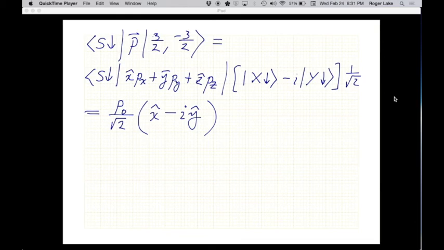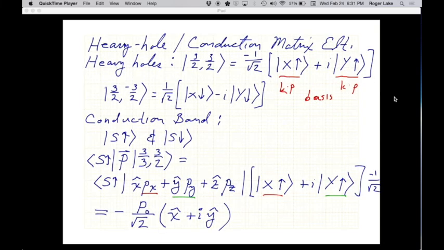Okay, so those are the only two matrix elements you get between the conduction band states and the heavy hole valence states, because if you notice, the heavy hole state is actually a pure spin state, right? This is down and this is down, so this is down. So I won't get any matrix elements with S up. And if you look at the other 3/2, 3/2 state, that's also a pure spin state.